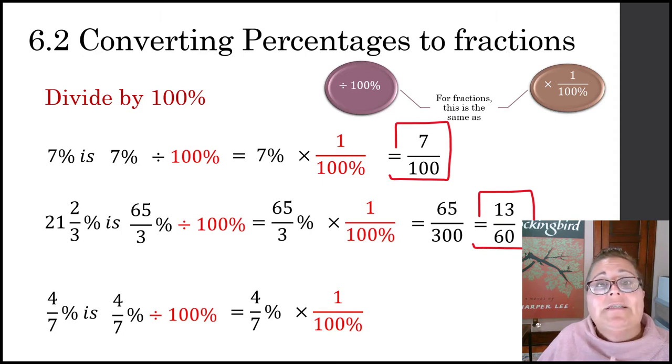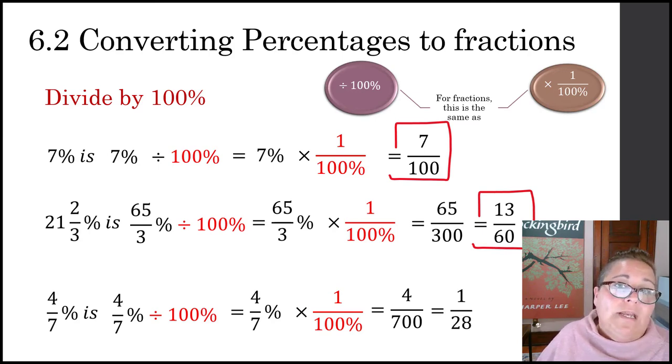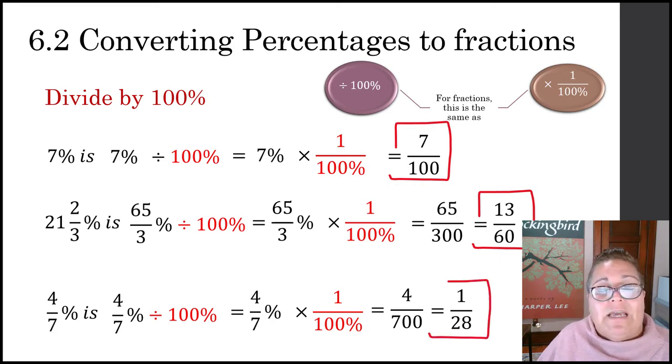Because they are fractions, we will multiply by the reciprocal. This gives us 4 times 1, which is 4, over 7 times 100, which is 700. 4 over 700. I need to recognize that both of these are divisible by 4. If I divide 4 by 4, I get a 1, and if I divide 700 by 4, I get 28. So as a fraction, 4/7 of a percent is 1/28.